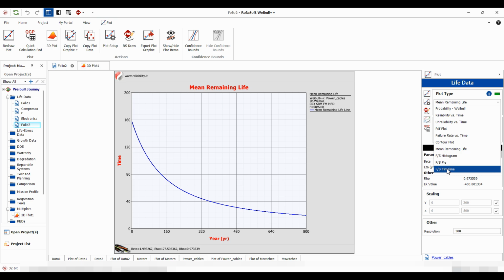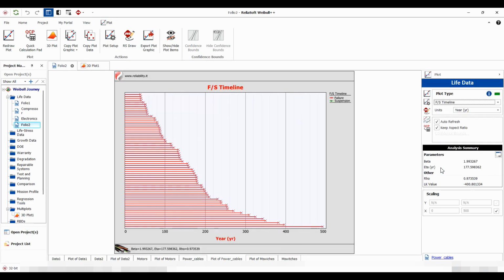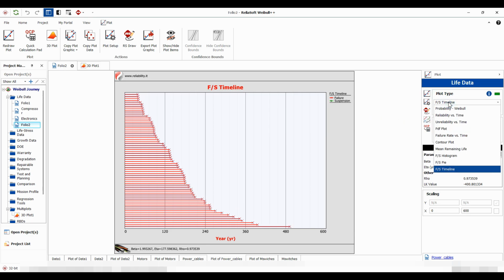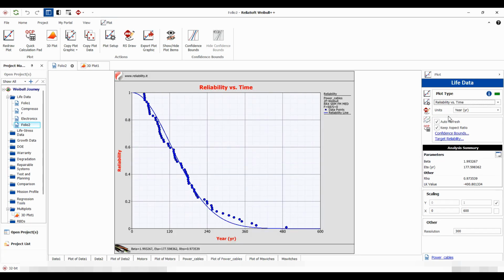And the last one, perhaps just for this specific analysis, we could look at this FS timeline. We have all our data points of failure, and here it tells us the timeline of all our failures. And if we change the scale to match the scales of the reliability, and we just view also the reliability graph, we can see that that matches quite accurately this FS timeline.